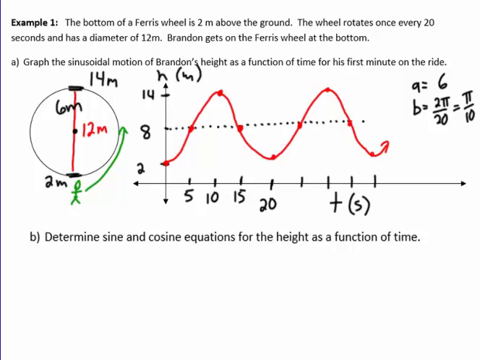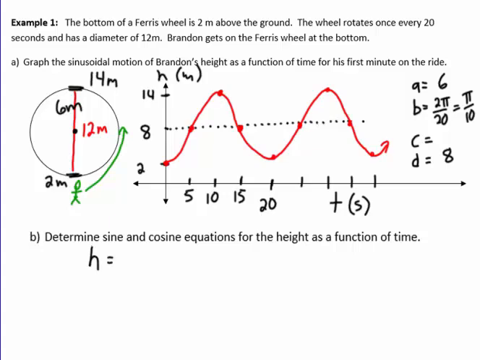What about our c value, our phase shift? Well, the phase shift is going to be different depending on sine and cosine, so we'll just ignore that for now. D, though, is the vertical shift, and remember the vertical shift is really just the same as the midline, which is just 8.